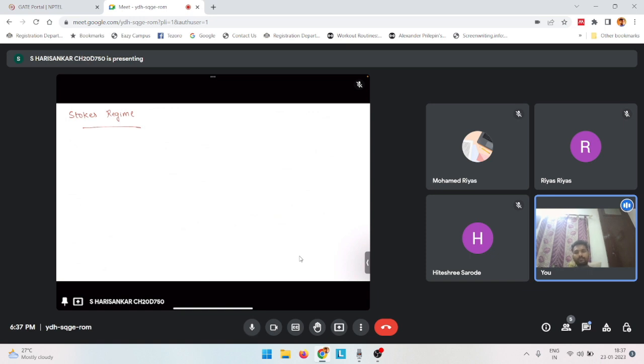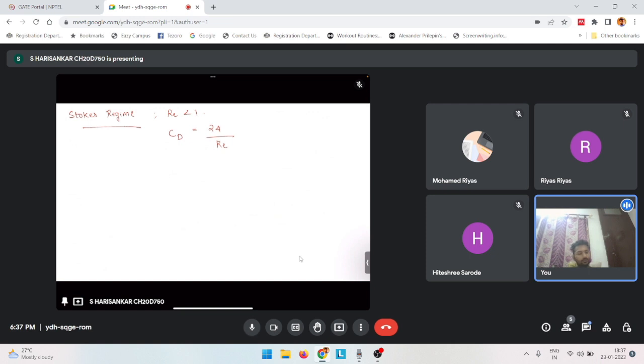In Stokes regime, the Reynolds number is less than 1, and for such low Reynolds number, you can approximate the drag coefficient CD as 24 by Re, or 24 by Reynolds number.